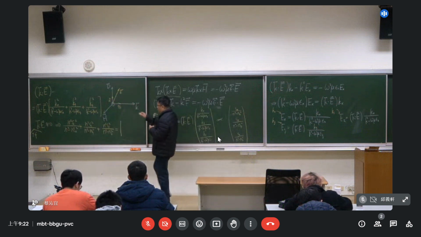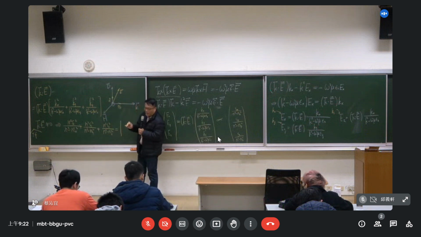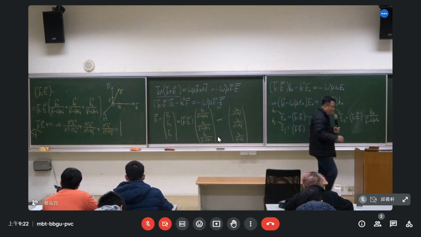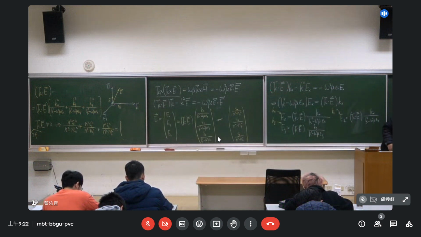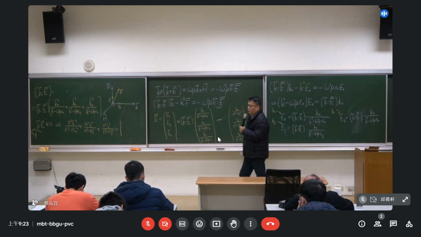Okay, so if I divide the whole equation by n squared, I just get the same equation as in the textbook, 4.2-10, which is the Fresnel's equation of wave normals, or the normal surface equation.